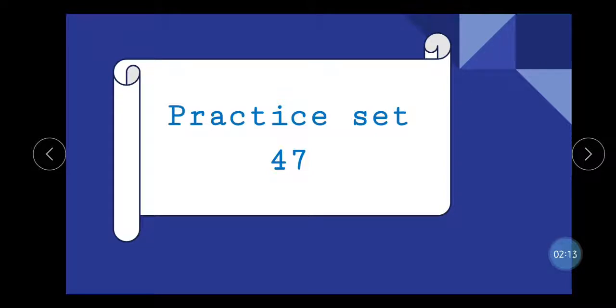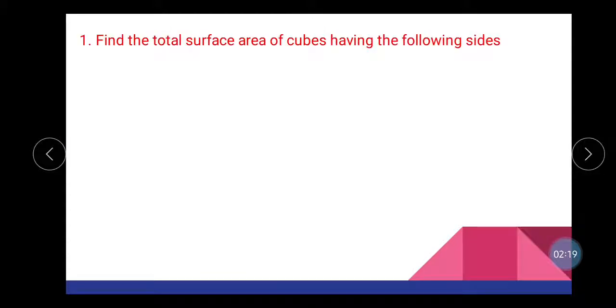Now, based on this explanation, children, let us start with practice set 47. Question 1. Find the total surface area of the cubes having the following sides. Children, always remember the formula. Question 1, sub-question 1, 3 centimeter. Solution.